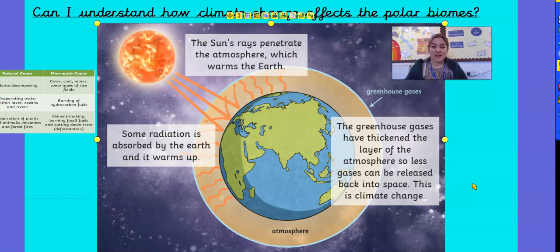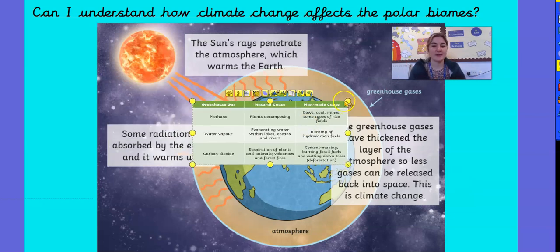Now, it's sort of the same with greenhouse gases. A lot of quite harmful gases are being produced, and it's causing the atmosphere to get thicker, so less gas is able to escape, just as if I had lots of blankets on, less heat would be able to escape. I hope that makes sense as I've explained it.